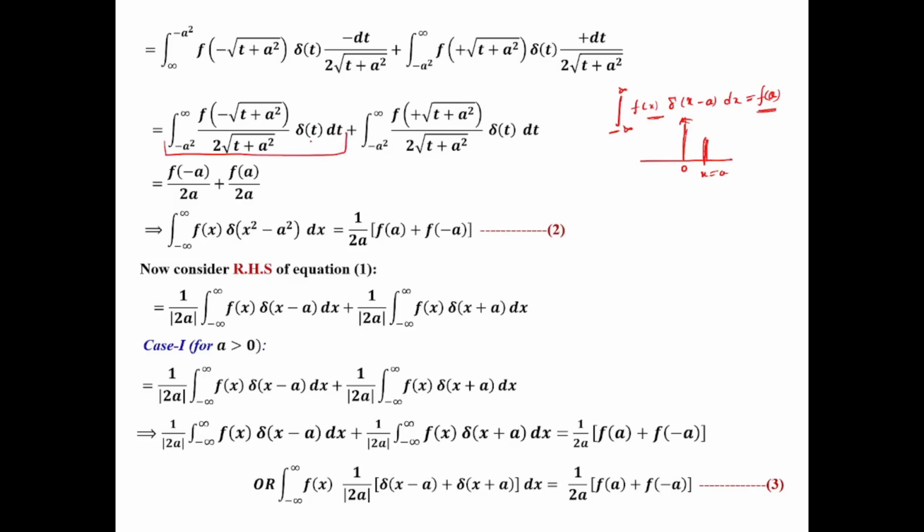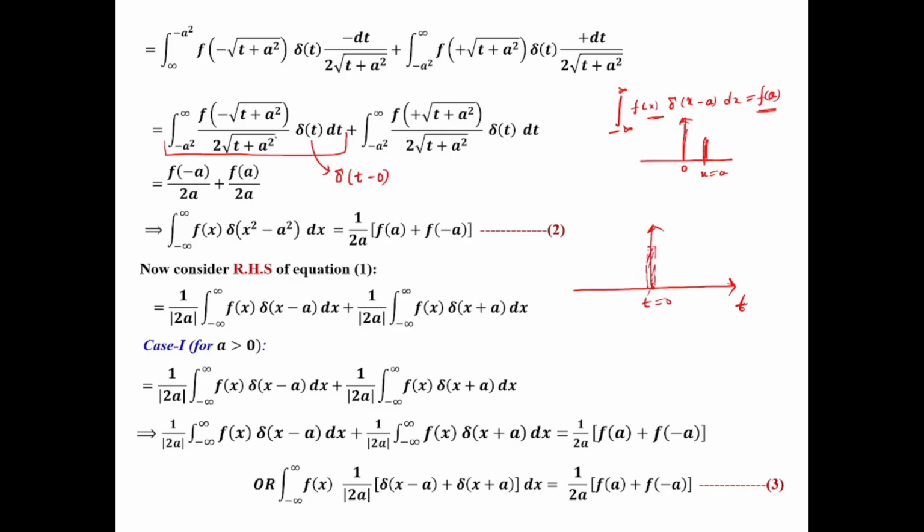In this integral, delta t is written, or we can write delta t minus 0. That means for this integral, the delta function exists at t equal to 0. So this is your t axis, and at t equal to 0 the delta function exists.